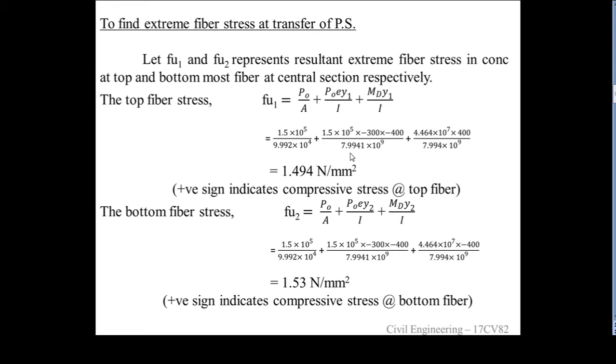Then plus 4.464 into 10 raised to 7 into minus 400 divided by 7.994 into 10 raised to 9. That gives the value 1.53 Newton per mm square for the bottom fiber stress. The positive sign again indicates compressive stress at the bottom fiber.